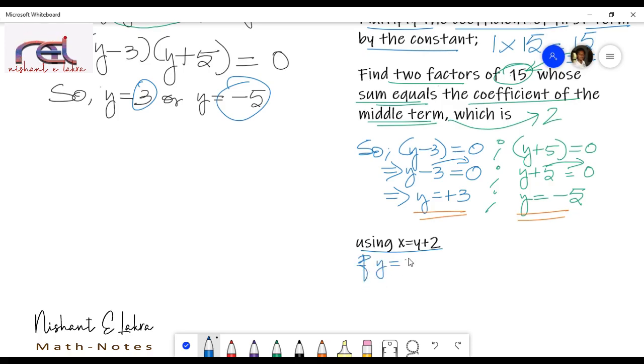If y is equal to 3, then what will be the value of x? x is equal to 3 plus 2. So the value of x is 5.